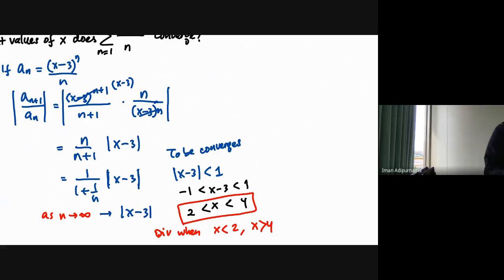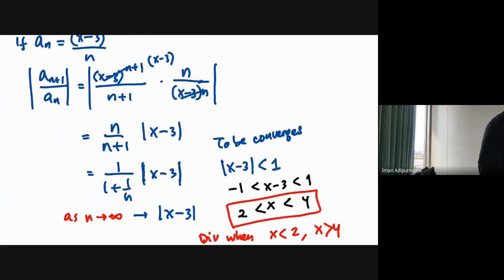So most of the cases, when you try to find which values of x will be convergent, most of the time you'll be using the ratio test, and then you will look for the x values here. Okay, and you need to make sure that this will be convergent.